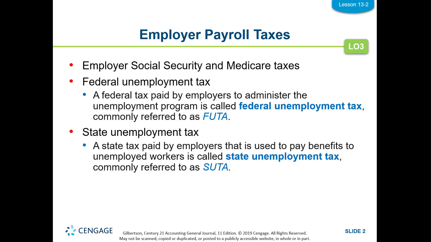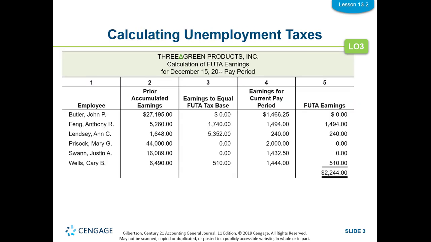However, each employer must know the requirements of the state in which it operates. The tax rate for SUTA taxes is referred to as the SUTA tax rate, and the SUTA tax uses the FUTA tax base. Remember, employers must pay four taxes on employee earnings: Social Security, Medicare, FUTA, and SUTA tax.